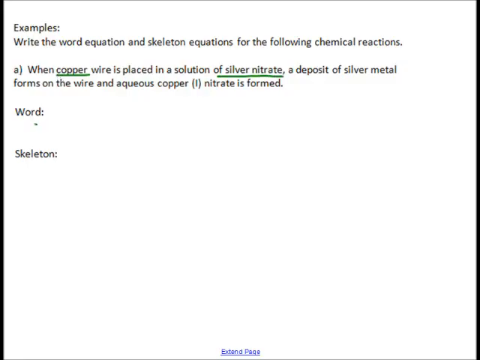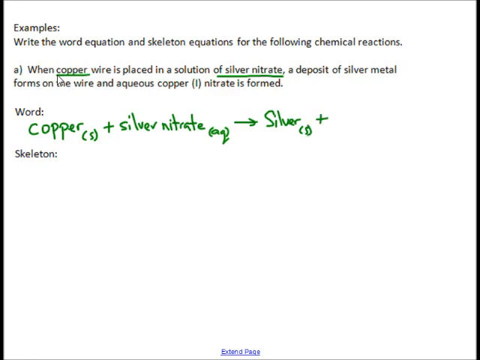So our word equation would be copper, and that's a solid, plus silver nitrate, and it's a solution, so that means it's aqueous, produces silver metal, which would be a solid, and copper 1 nitrate, which is an aqueous solution. So there's our word equation. Now we convert it to a skeleton equation.